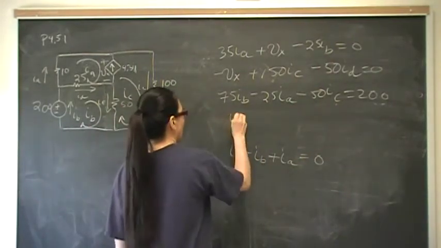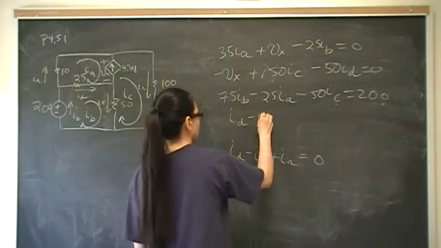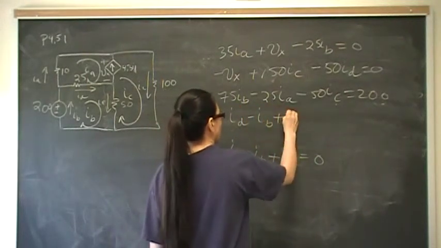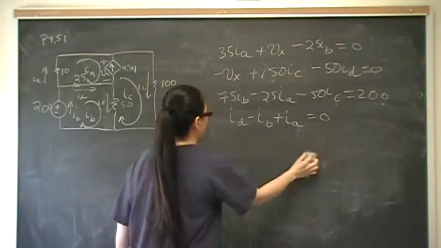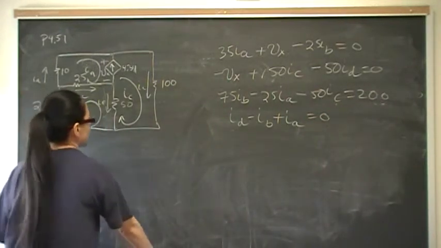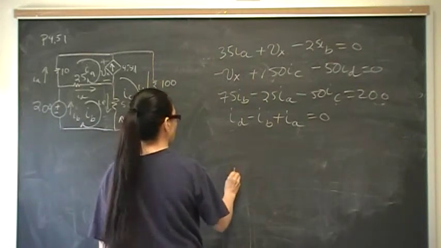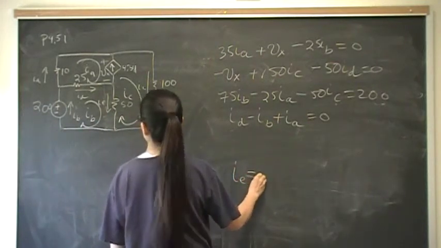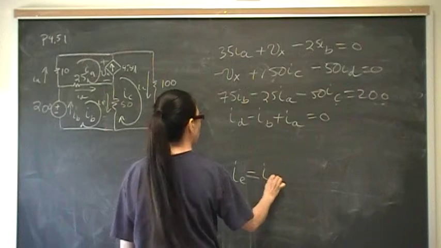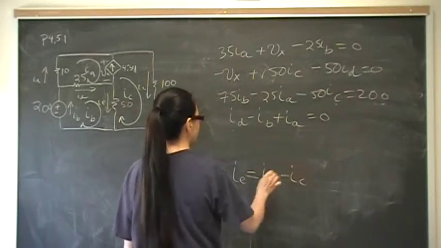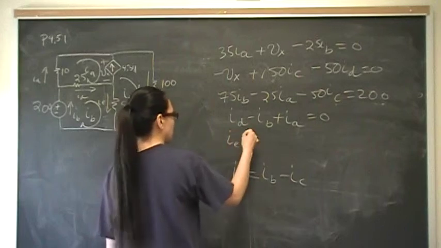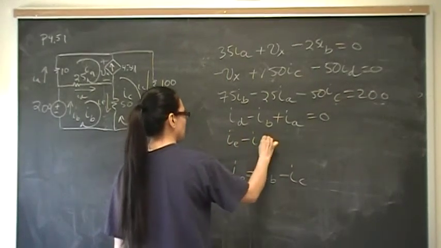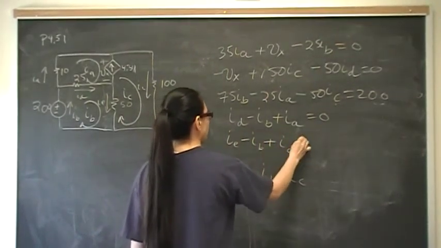Now, our next constraint equation is going to be IE. So we got IE is equal to the net current of IB minus IC. So rewriting that, we're going to go IE minus IB plus IC has to equal 0.